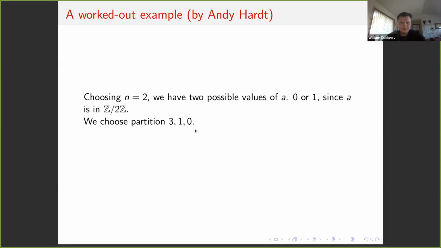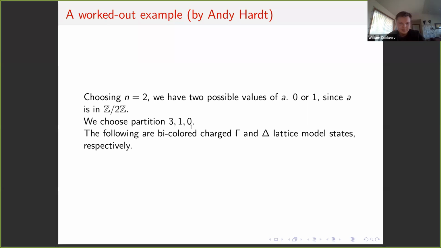And so let's work through an example. This is a wonderful example that Andy wrote up. We choose n equals 2, and we have two possible values of A, since A has to be 0 or 1, and we choose a partition 3, 0, and then we just look at one state.